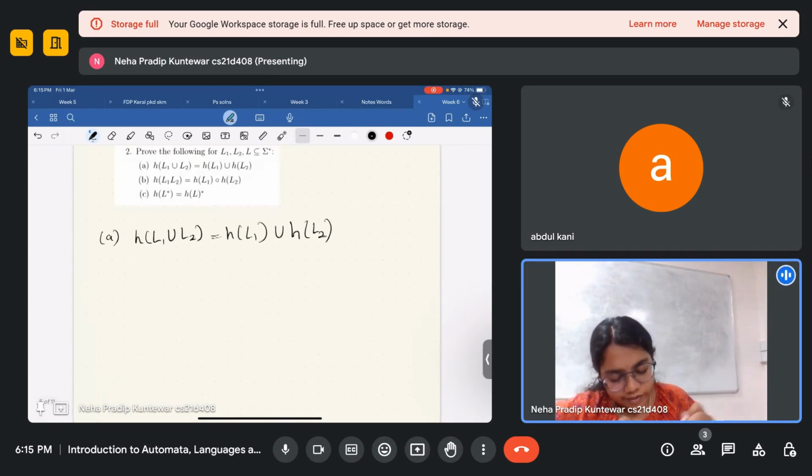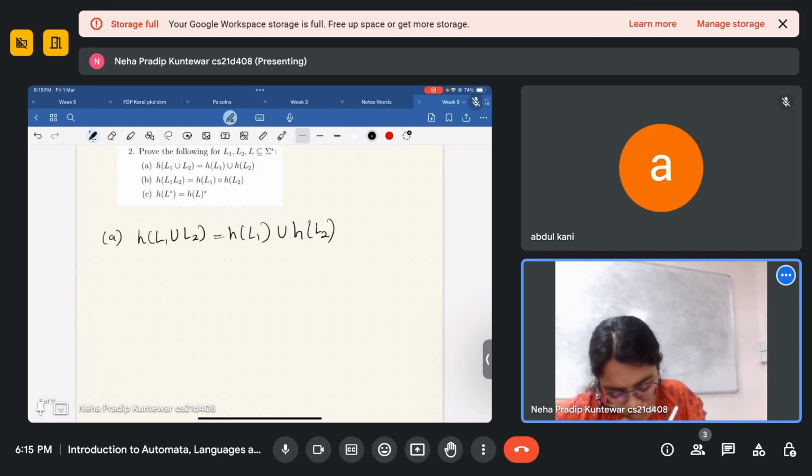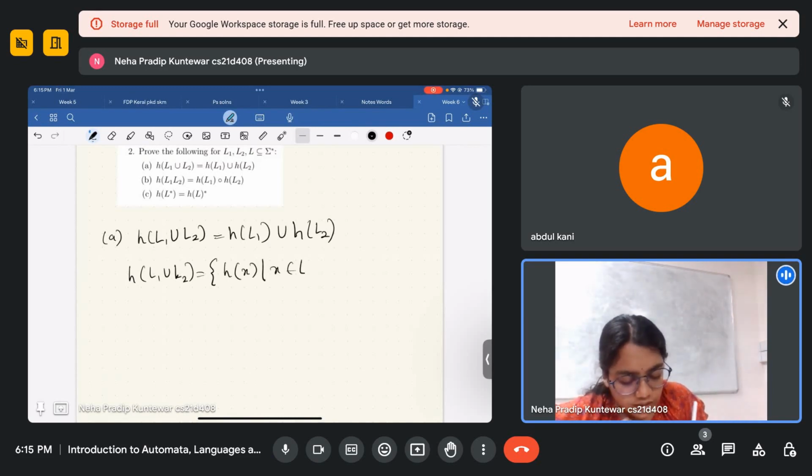Okay, so let's see. What is H of L1 union L2? This is nothing but H of X, where X is in L1 union L2. And how do we write this? This is H of X such that X is in L1, union H of X such that X is in L2.